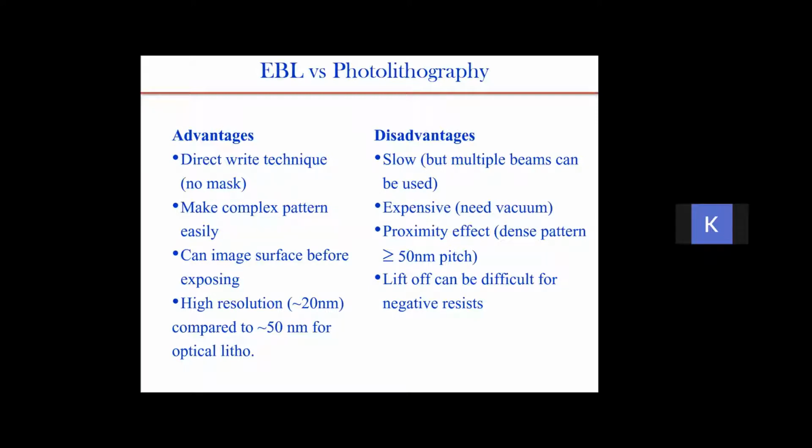You can easily make complex patterns. As far as resolution is concerned, you can go to around 20 nanometers, whereas the least structure we can make from optical lithography is around 50 nanometers.